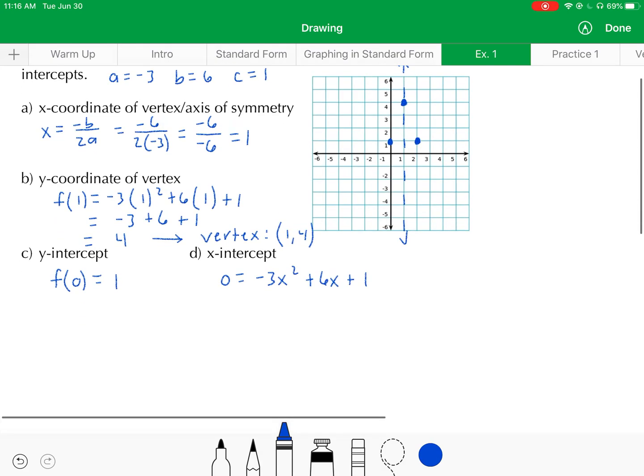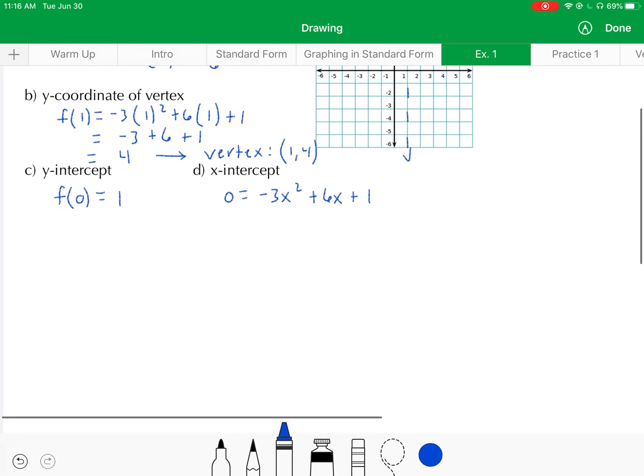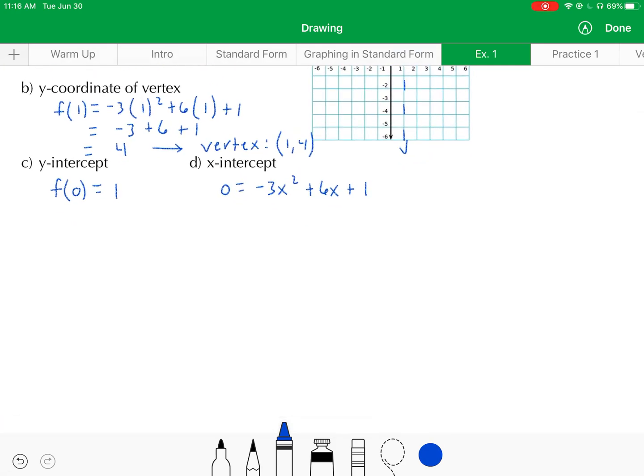This doesn't factor though, so in order to solve, I'm going to use the quadratic formula: negative b plus or minus the square root of b squared minus 4 times my a value times my c value, all over 2 times my a value.